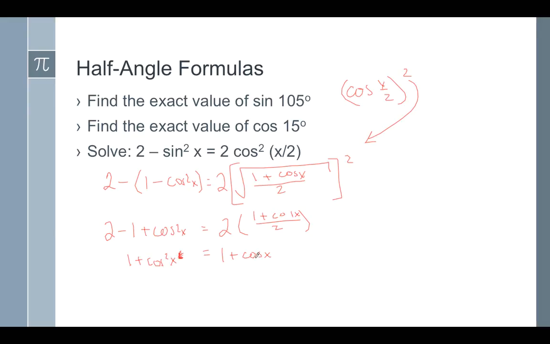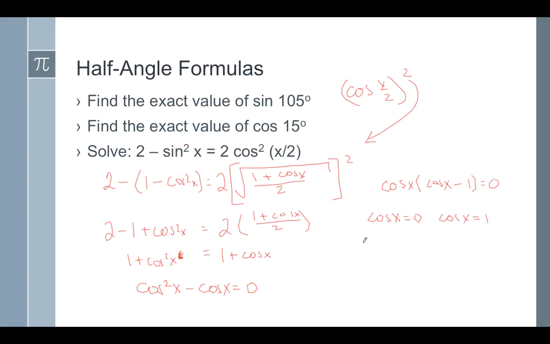Subtract the 1s from both sides, subtract the cosines, we get the cosine squared x minus the cosine of x is equal to 0, which now all we have to do is factor: cosine x times the cosine of x minus 1, which means the cosine of x is equal to 0, and the cosine of x is equal to 1.